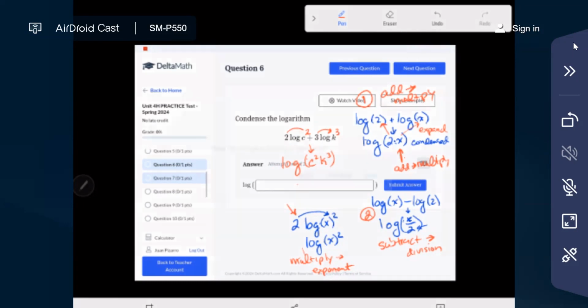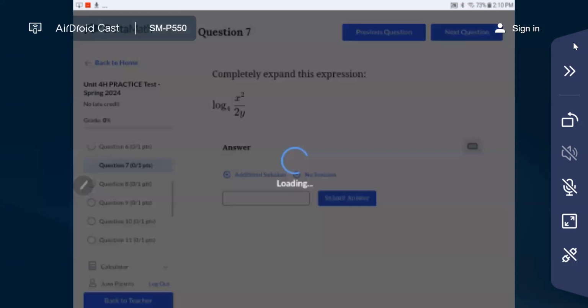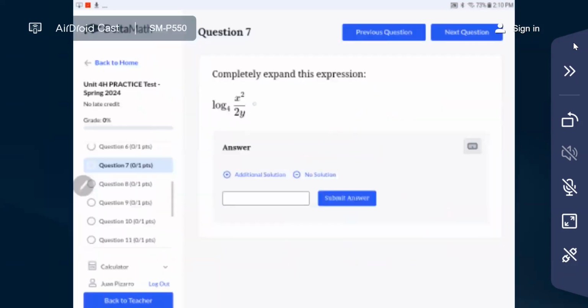Okay, so I'm going to discard that and go to number 7. All right, so number 7 is the division.